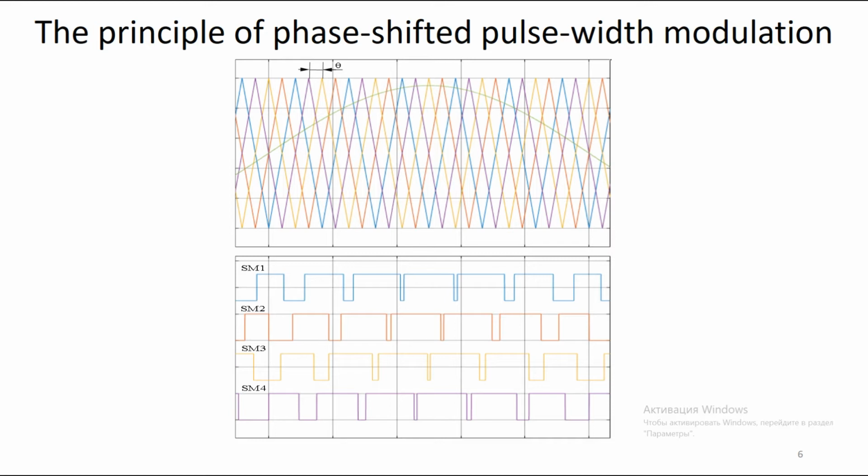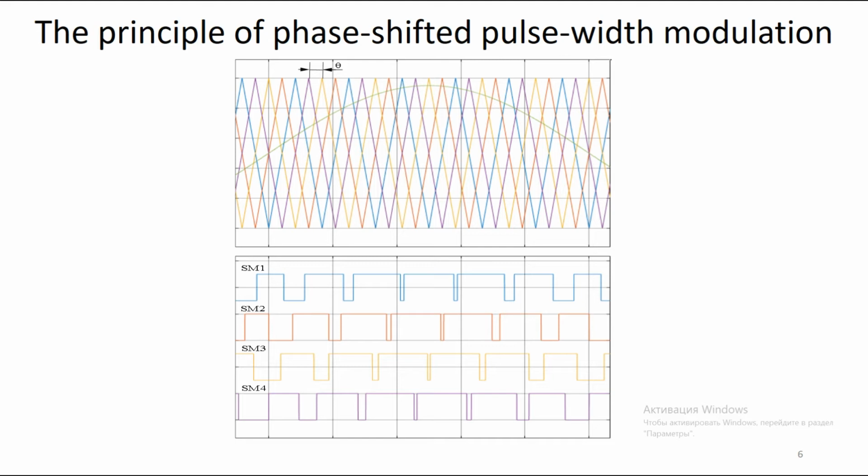The frequency of the triangular signal carriers is selected depending on the required switching frequency of the semiconductor elements. Subsequently, the sinusoidal reference signal of each phase is compared with a number of triangular carrier signals, and the corresponding control signals of the circuit switches are obtained.